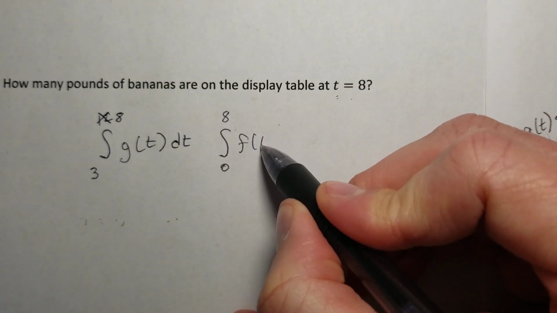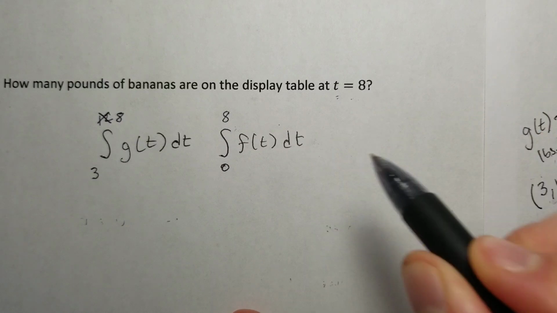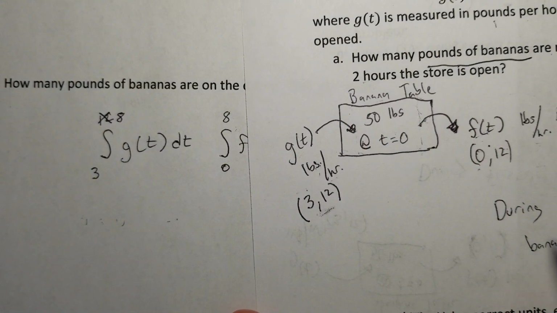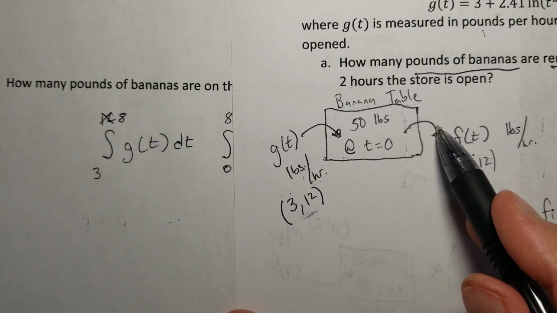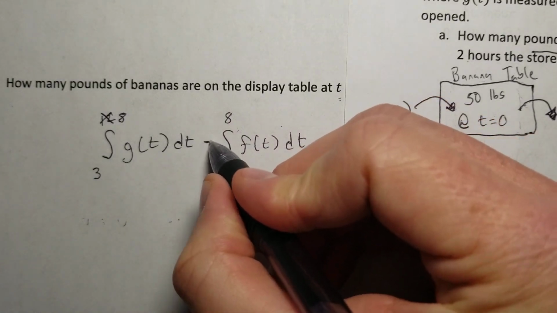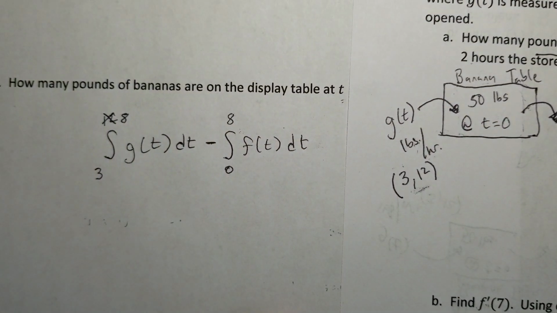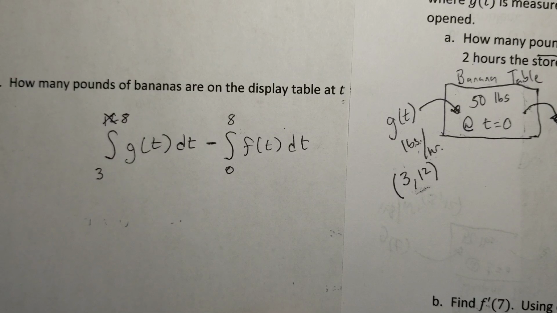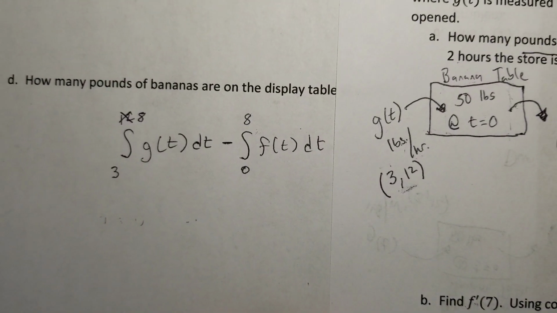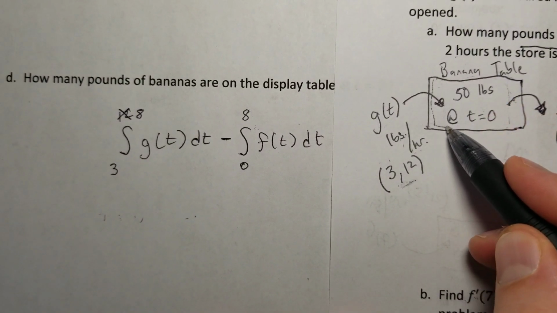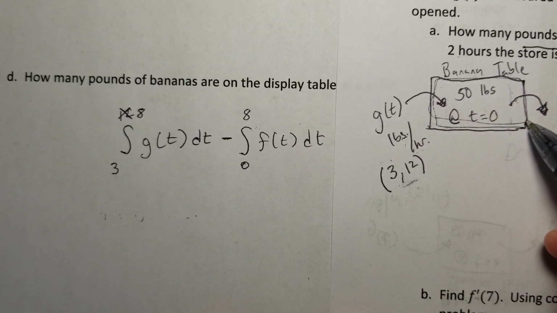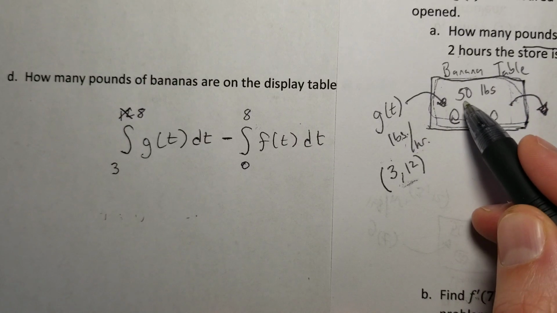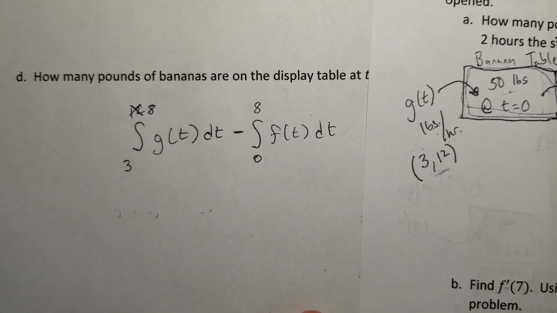That's going to be the integral of f of t dt. But remember, these are bananas that are being removed. So we are going to subtract that accumulation of bananas. And last thing, we also have to take into account that at t equals 0, we start at 50 pounds of bananas.